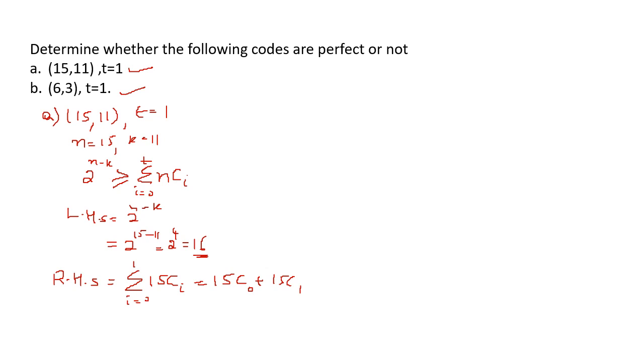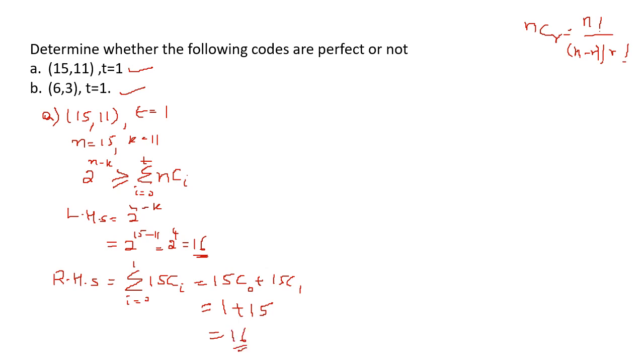We know that nCr, the combination formula, is n factorial divided by (n minus r) factorial times r factorial. This is the formula to find the combinations. So 15C0 is 1 and 15C1 is 15. So 1 plus 15 will be equal to 16.